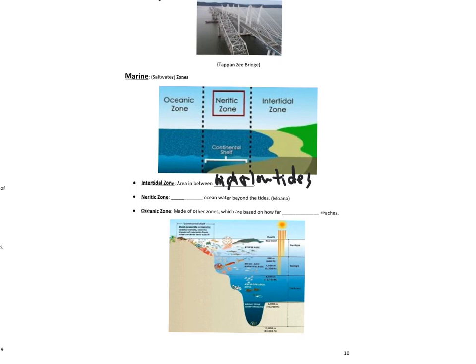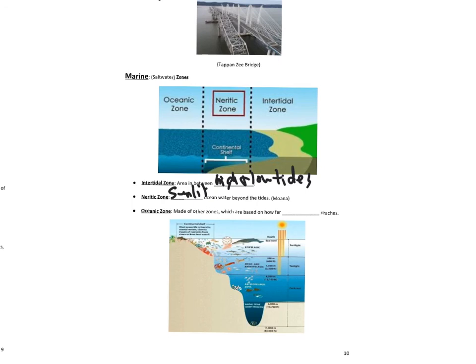We also have the neritic zone. The neritic zone is sort of a sunlit ocean water. It's an area of water just beyond the intertidal zone, further out into the ocean, where sunlight passes through all of the water, all the way through. You'll remember that if you've seen the movie Moana, when she escapes over the reef, she goes out beyond and she's able to escape out into the ocean.